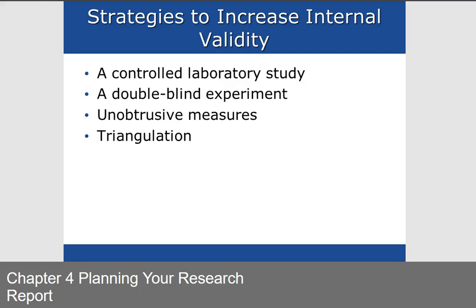Now, although internal validity is most important in an experimental study where high control is necessary, you can also look at the extent to which you have internal validity in other studies. For example, in the differences between males and females, it's not a true experiment, but we can still try to control everything else except for what we're interested in looking at the differences of.